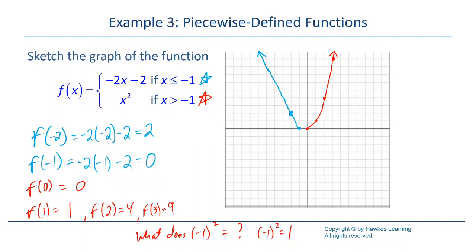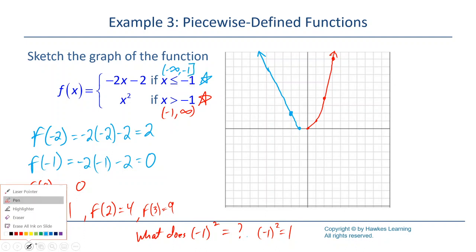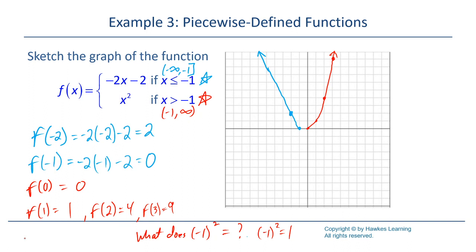So in reality, this domain is actually -1 to infinity, and this domain is -infinity to -1 included. So I'm going to use that to my advantage in graphing this.